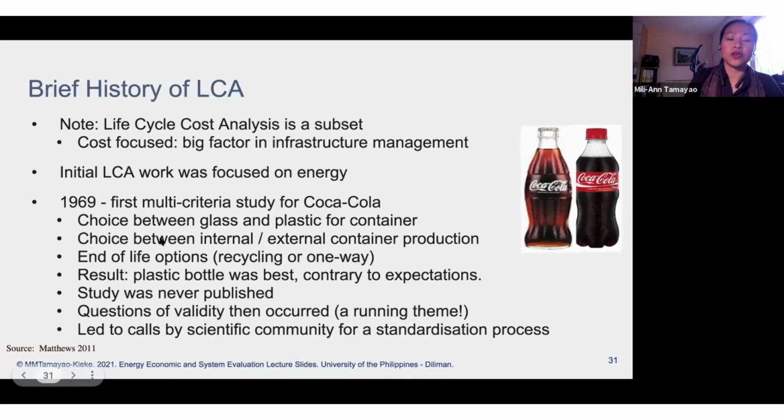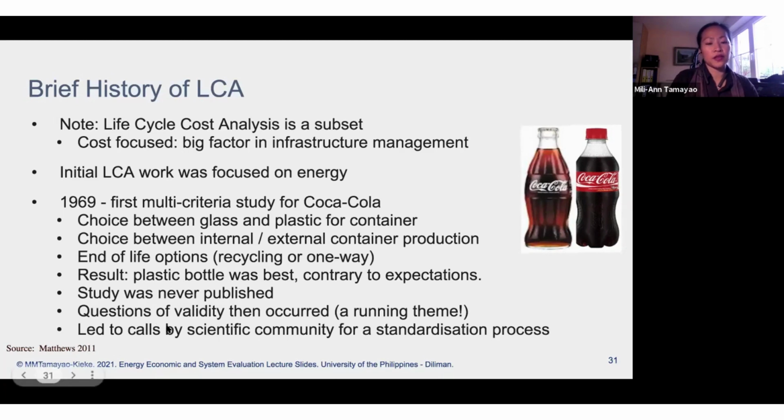And there was also a choice being made between internal or external container production. The end-of-life options were recycling or one-way. Now, the result of this study was that plastic bottles were actually better, contrary to expectations. However, this study was never published. Okay, so there was the question of validity of the study, and this is a running theme.